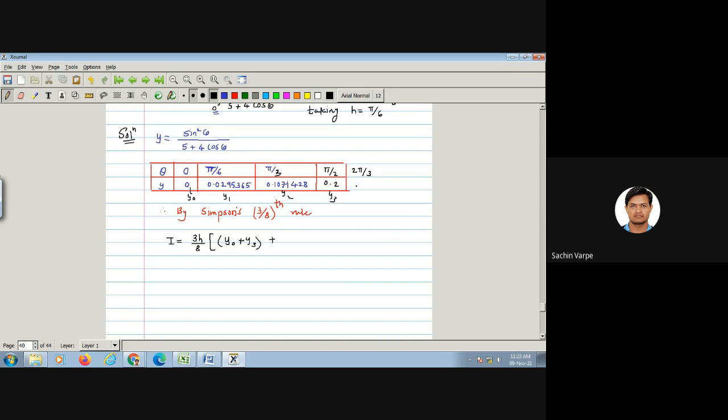Y corresponding to 2 pi by 3 is it 0.25?